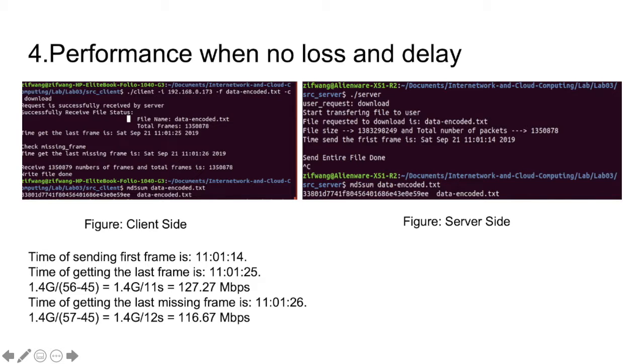In the situation where we have no loss and delay, here's the result. The time of the first frame is at 14 seconds, and the time of getting the last frame is 25, and the time of getting the last missing frame is 26. That means we don't lose a lot of packets, and the average rate is 116.67 Mbps.